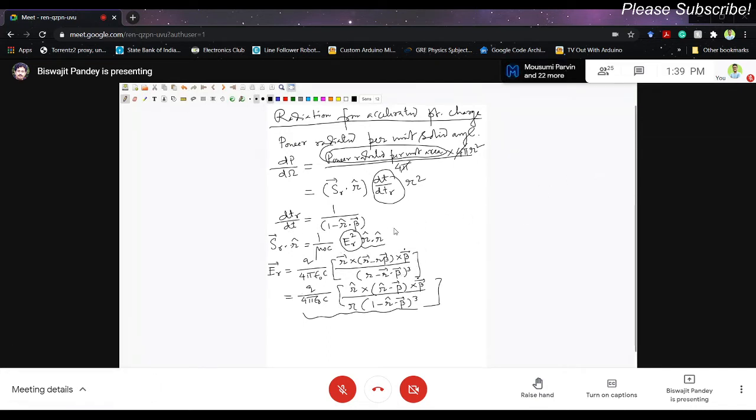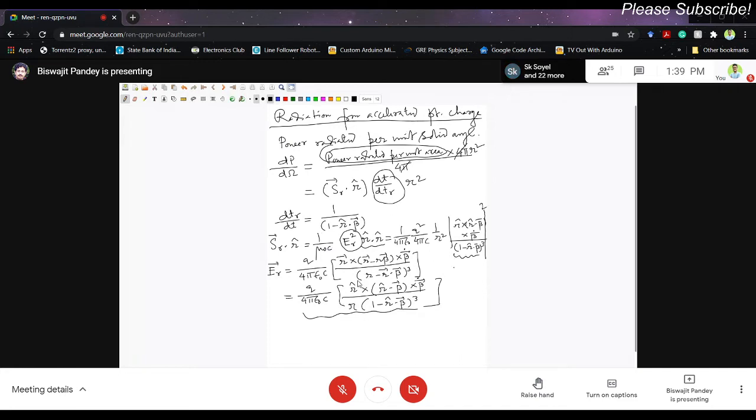If you plug this in and calculate E_r squared, it will be 1 over 4π ε0, q² over 4π c, straightforward 1 over r², and then the whole of r-hat cross (r-hat minus beta) cross beta dot, divided by (1 minus r-hat dot beta) whole cube, squared.